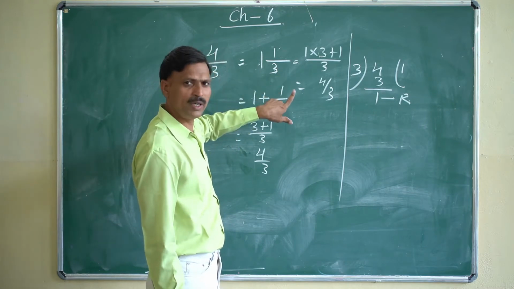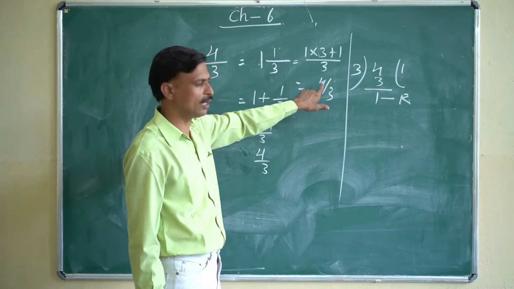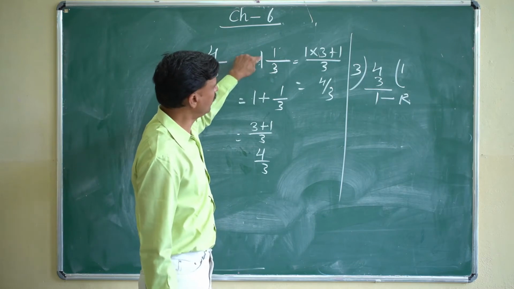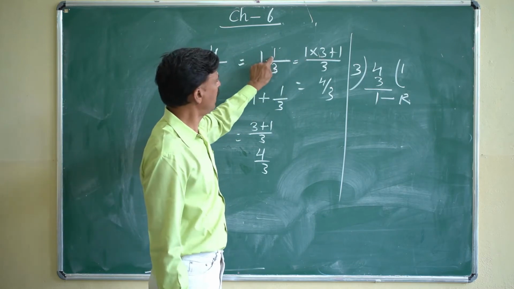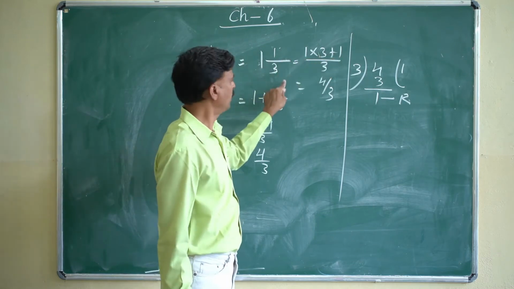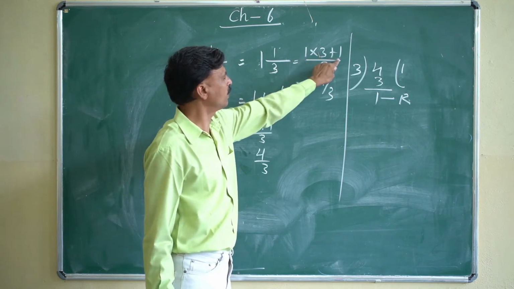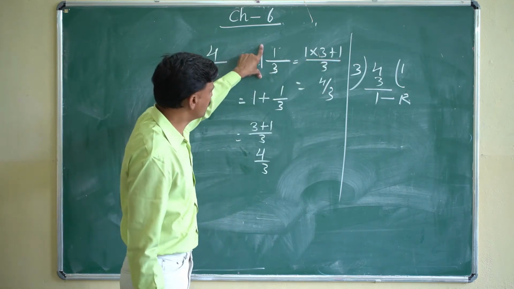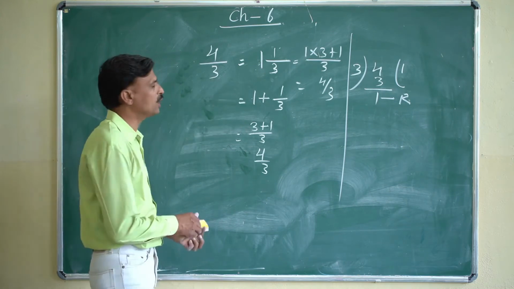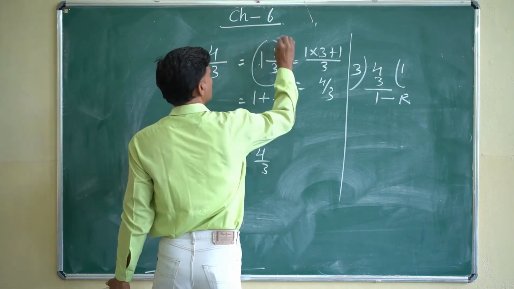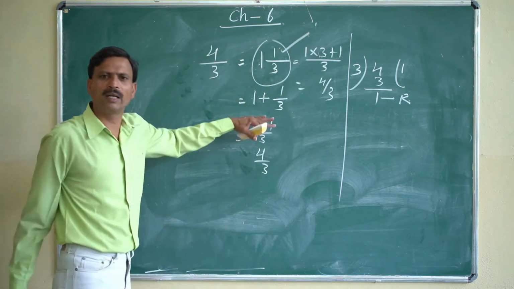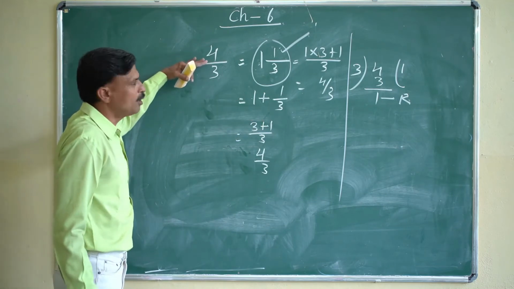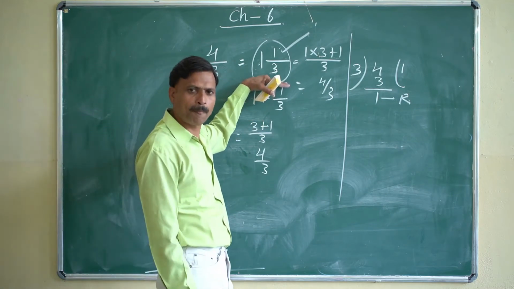When we solve it, again you will see the same number: 3 multiplied with 1, that is 1 into 3, is added to 1, and then over 3. So 3 plus 1, 4 by 3. Also this can be written in this form, but usually we write the mixed fraction in this form.